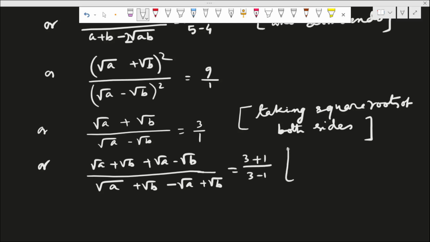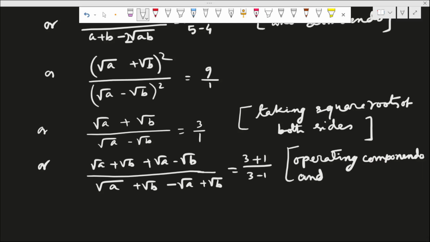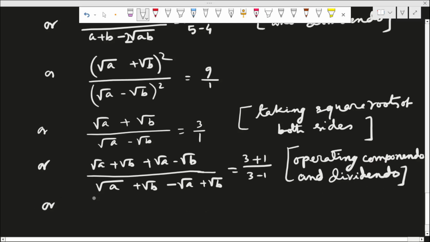What is operating componendo and dividendo? So what will be the next step?